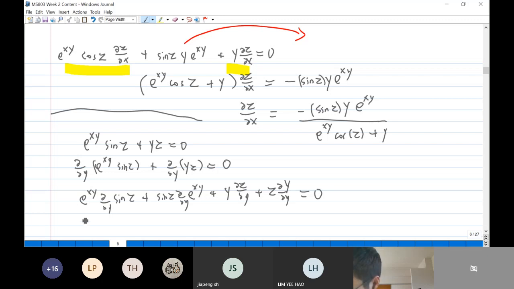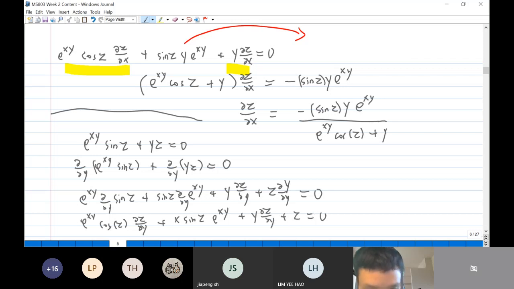So again, this e^(xy), differentiate sine and cosine. Then partial differentiation with respect to y. Then e^(xy) with respect to y now, you get x sine z e^(xy), right? Then this one is y dz/dy plus z equal to 0 now.